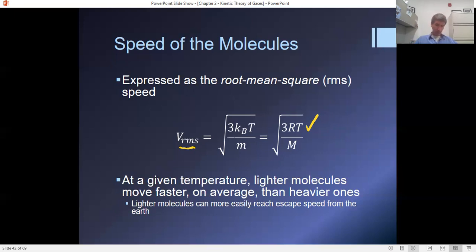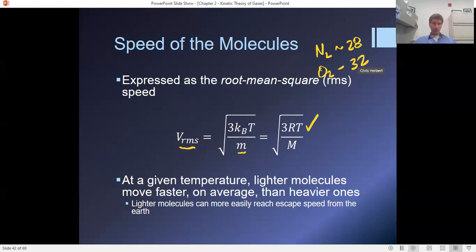Well, if you look at this equation right here, helium has a much lower mass. A nitrogen atom has an atomic mass of 14, so an N2 molecule is going to have a mass of 28. Oxygen is 16, so diatomic is going to be 32.